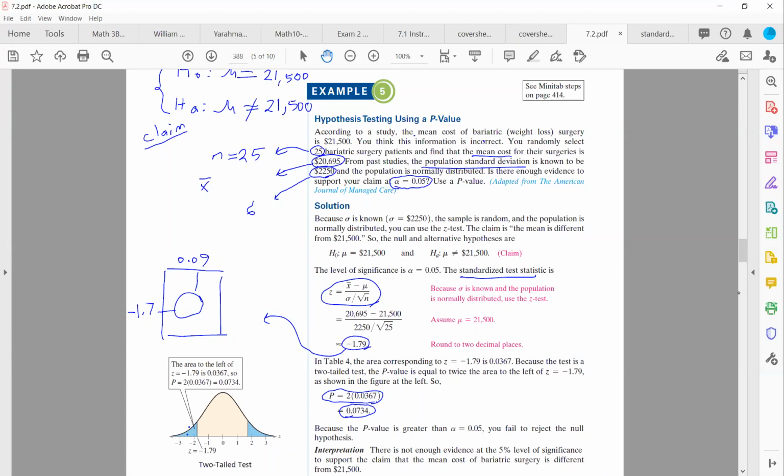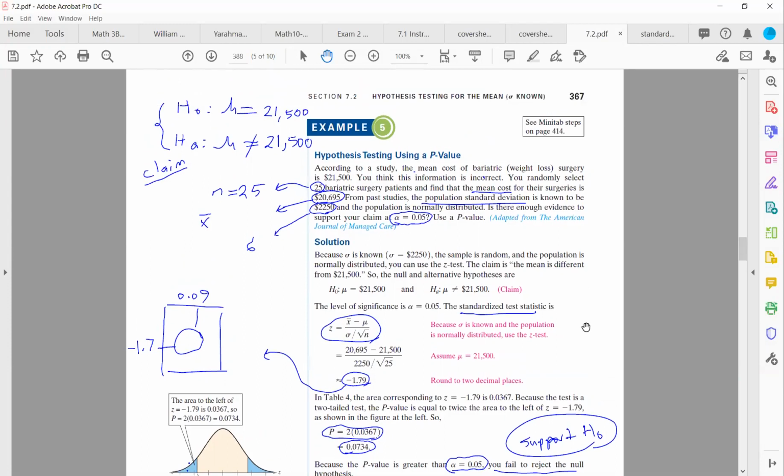If the p-value is less than or equal to alpha, you reject the null hypothesis. Otherwise, you fail to reject the null hypothesis. Since alpha is 5% and the p-value is 7%, which is greater than 5%, we fail to reject the null hypothesis. It means that we support the null hypothesis.